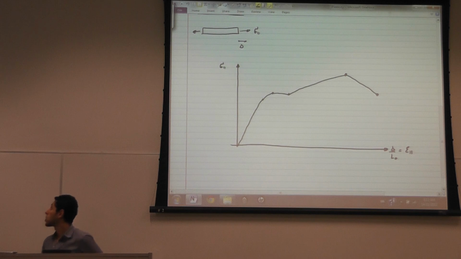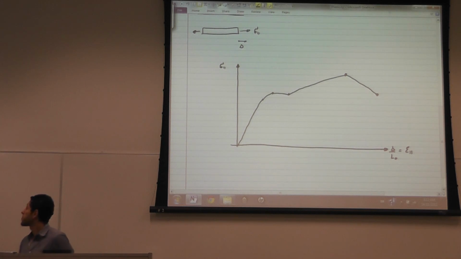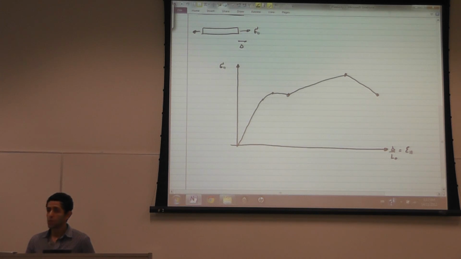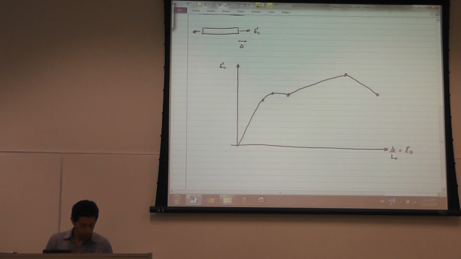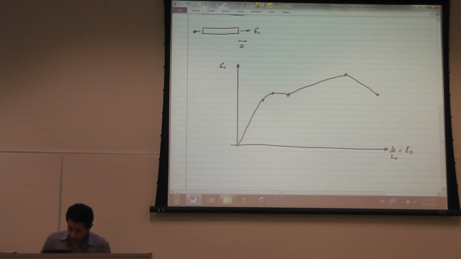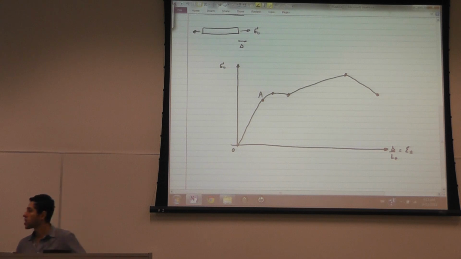I've exaggerated the slopes here just to distinctly divide the relationship into particular regions. In the first region, from point O to point A, the relationship between sigma 1 and epsilon 1 is linear.